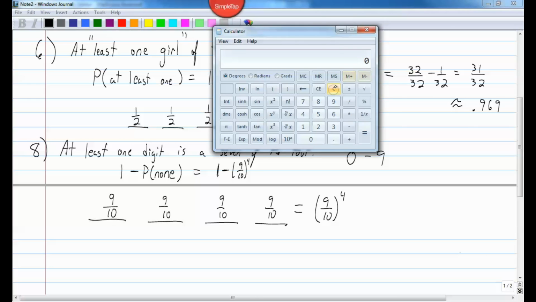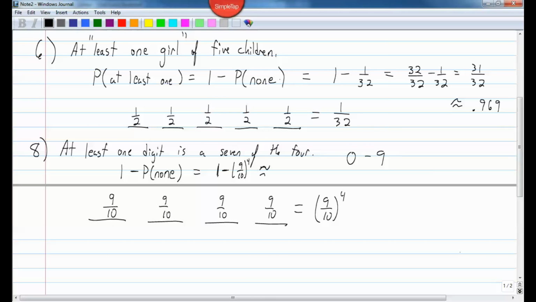So 1 minus, we'll put 9/10 in parentheses. Then I'm going to raise it to the 4th power. Okay, so if I round that to 3 significant digits, that would be 0.344. So that's the probability that we at least get 1 seven out of the 4 numbers drawn.